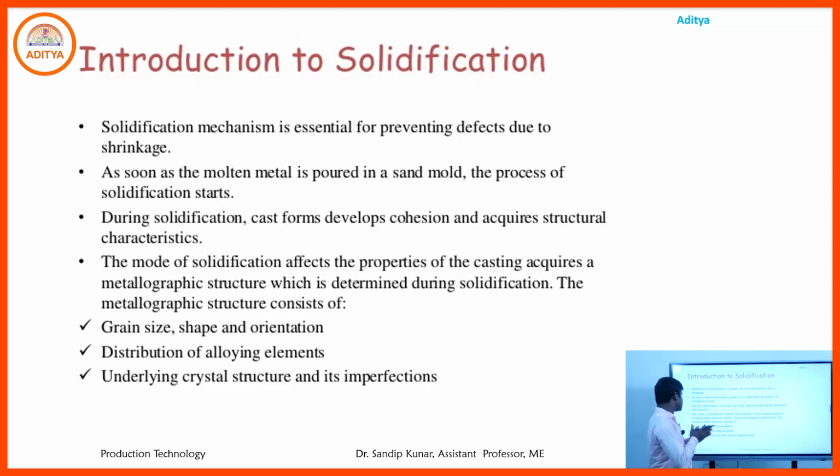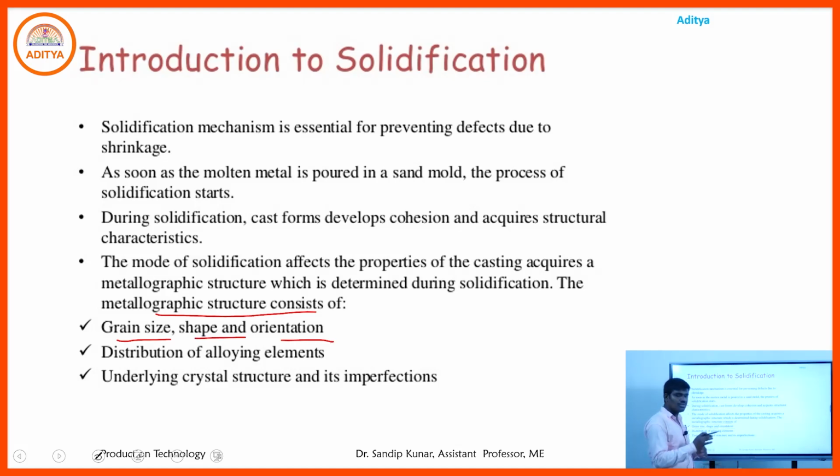After pouring the molten metal into the mold cavity, during directional solidification, some metallographic structure will change. The metallographic structure depends on or consists of grain size, shape, orientation, and the distribution of alloying elements.